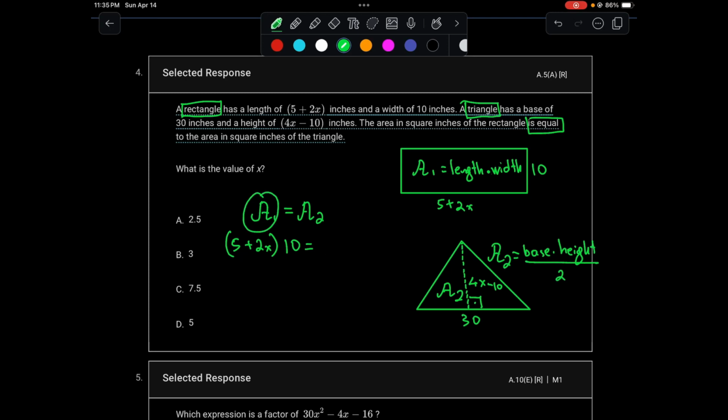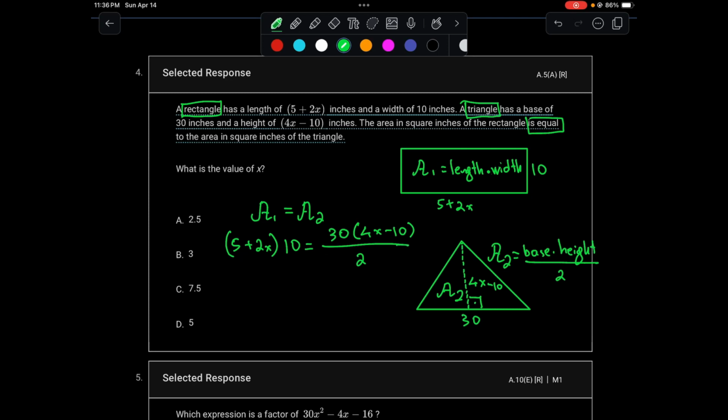So in our case, length is this, width is that, so we have 5 plus 2x in parentheses times 10. Then for the triangle we have base, which is 30, times the height, so I'm going to put it in parentheses, 4x minus 10, divided by 2.